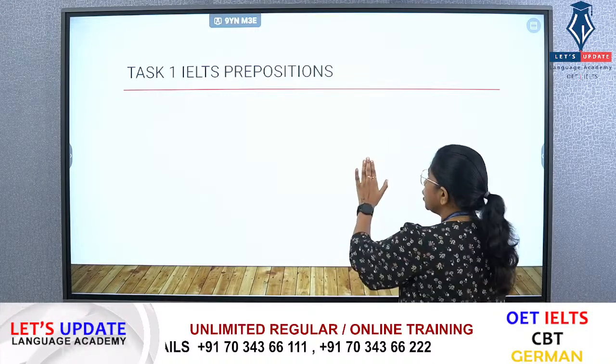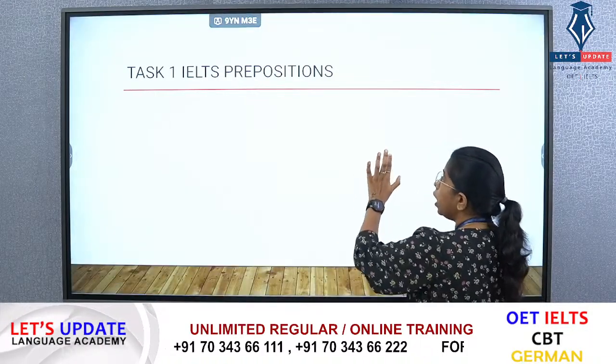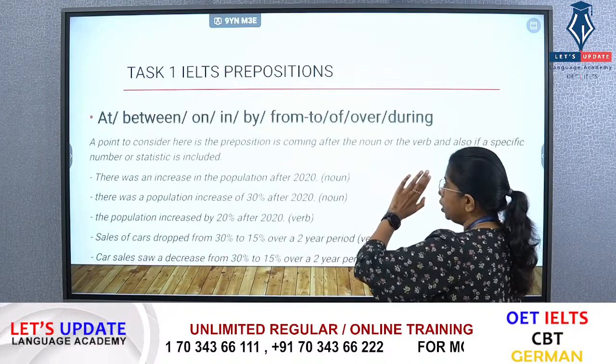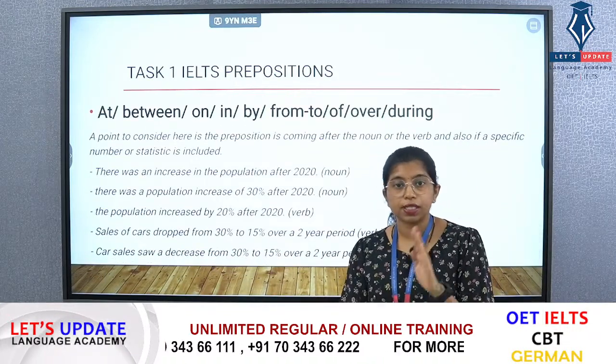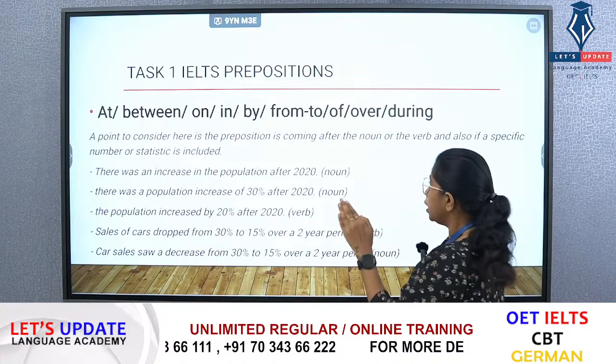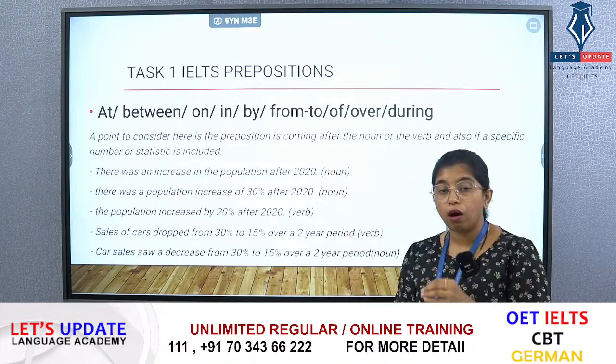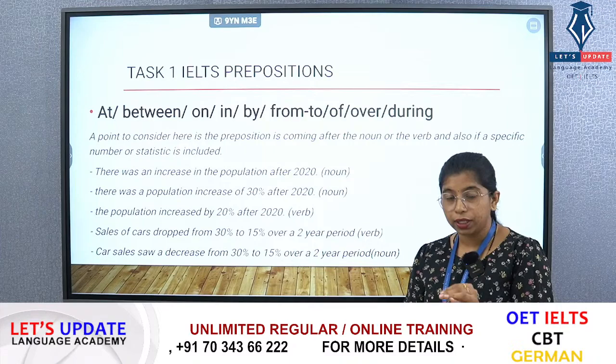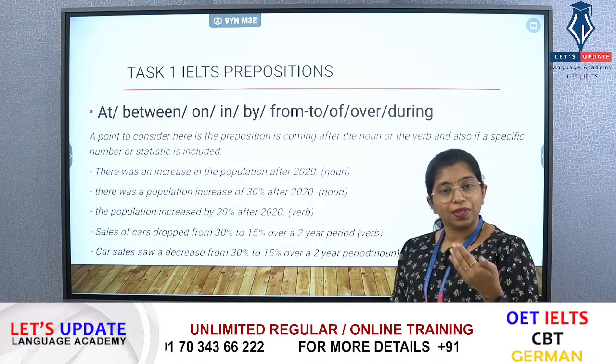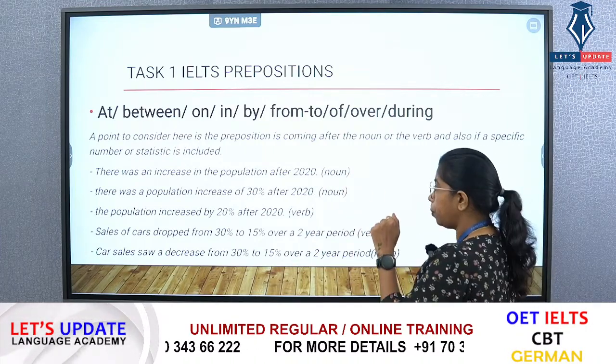Okay, so we are moving to Task 1 IELTS prepositions. As I have already mentioned at the starting of the video, we are using a lot of prepositions in our task 1, especially in graph reports.